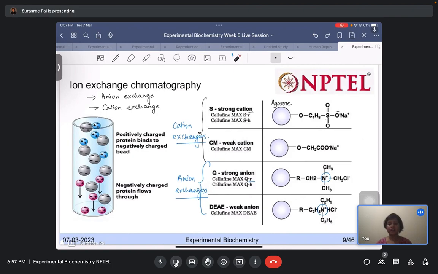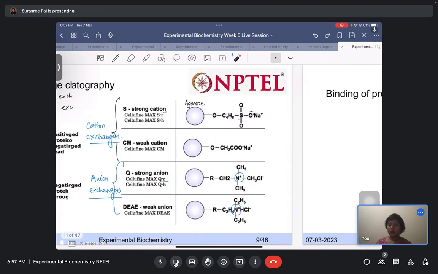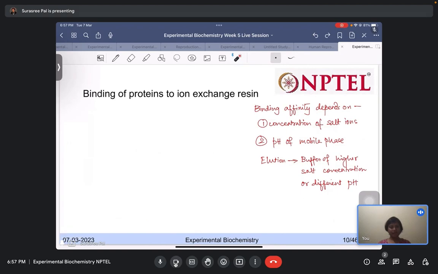So this is cation and anion exchange, and the binding affinity of the proteins to any ion exchange resin will actually depend on several factors, like the concentration of the salt ions, and the buffer in which we are purifying the protein.